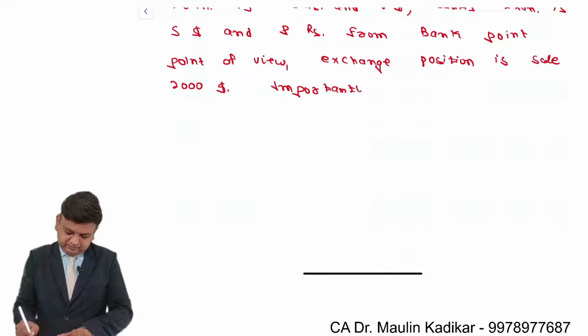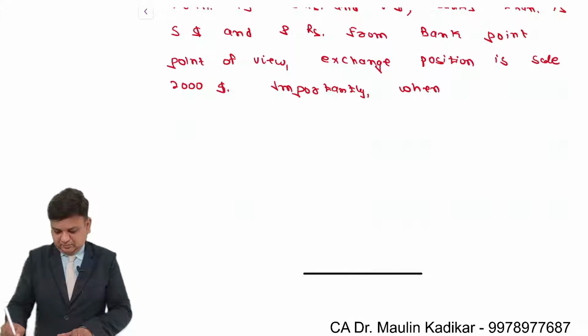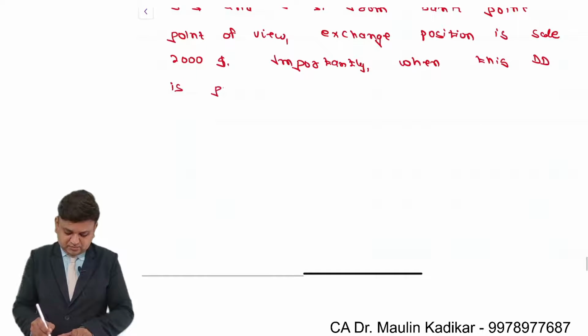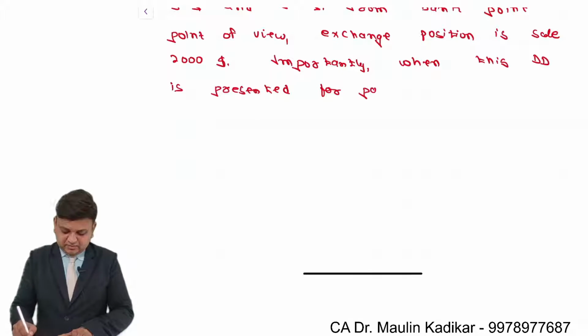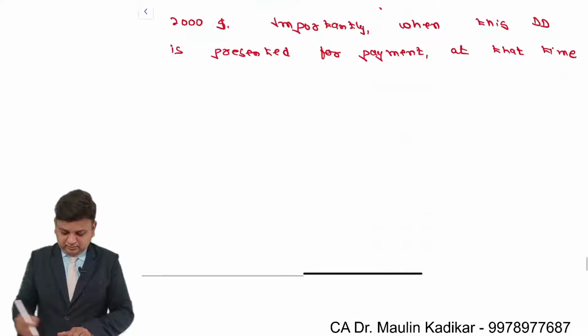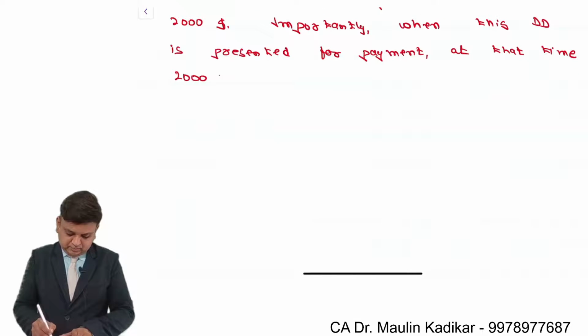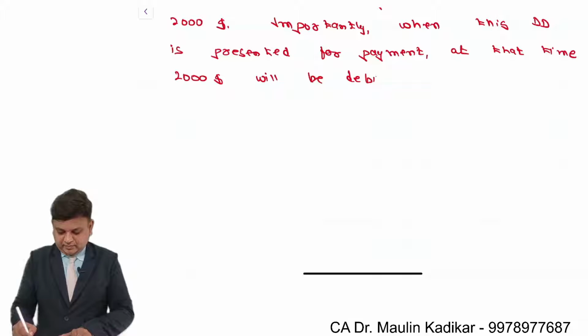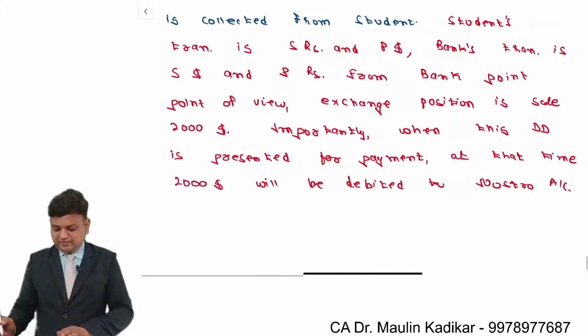Importantly, when this DD is presented for payment, at that time $2,000 will be debited to the Nostro account. Full stop.